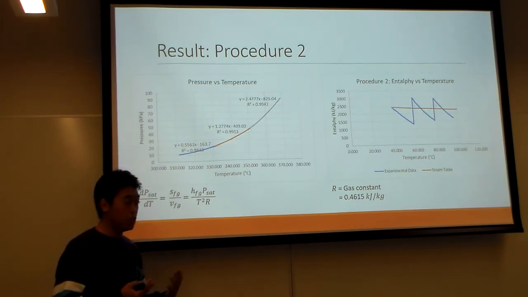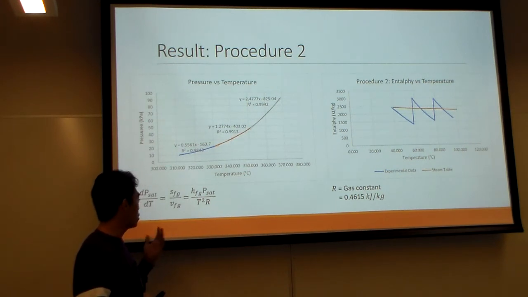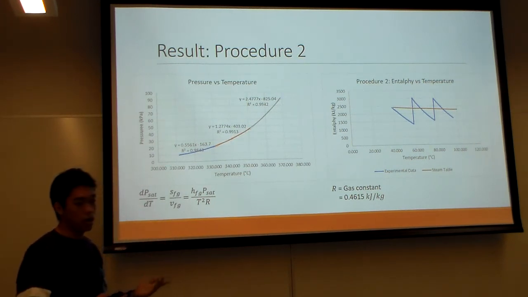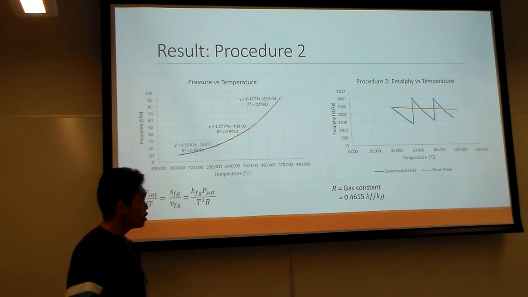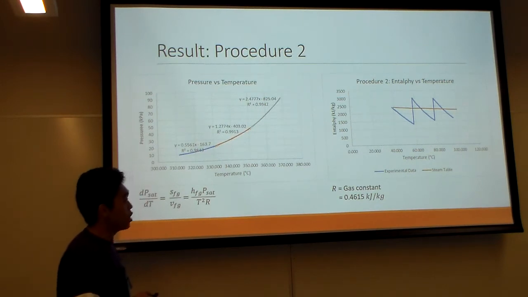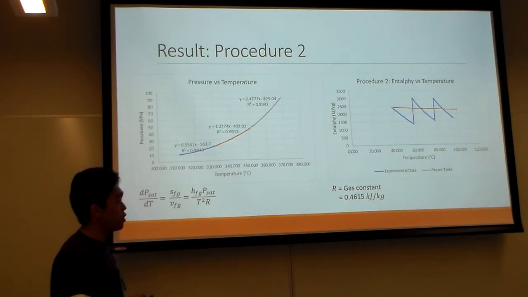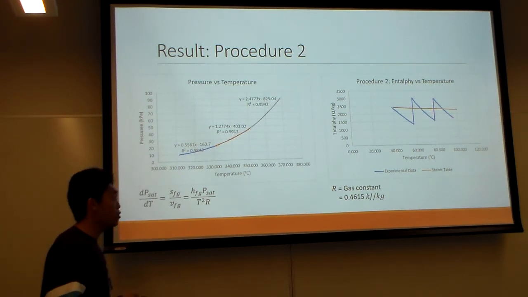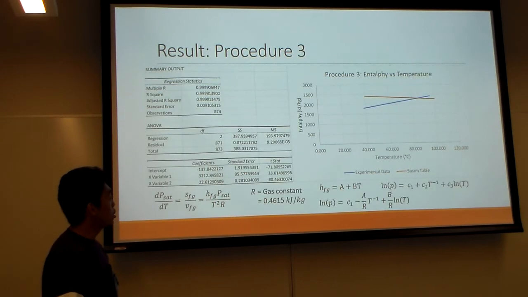Once we get dP/dT, we can plot h_fg versus the temperature, where we can see the result here. We have 3 different slopes based on the 3 different ranges that I calculated before, and we move to the third procedure, which is doing a regression.